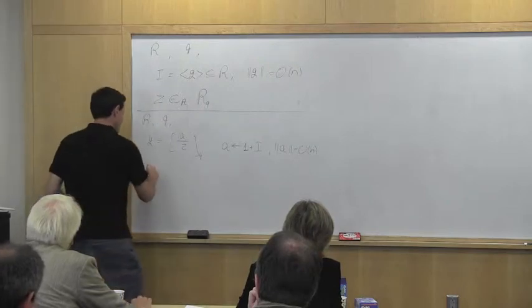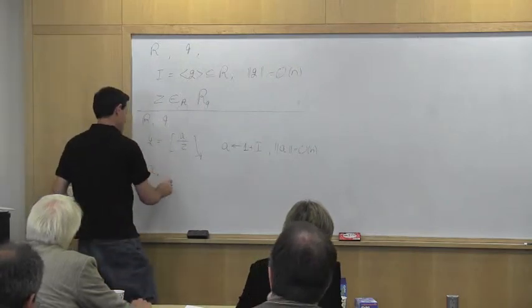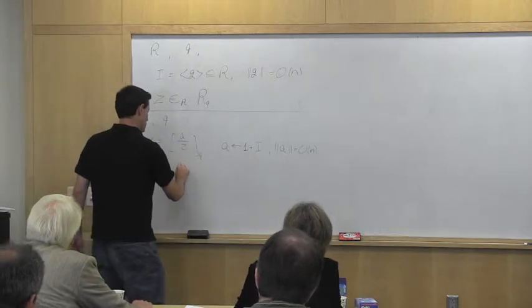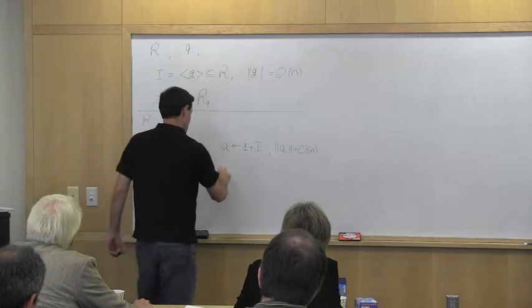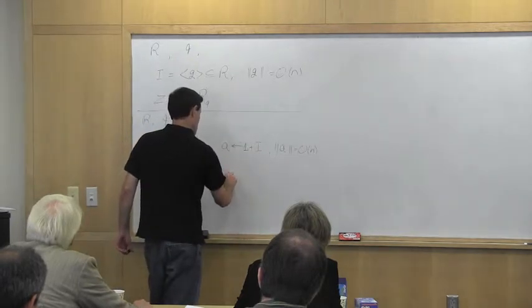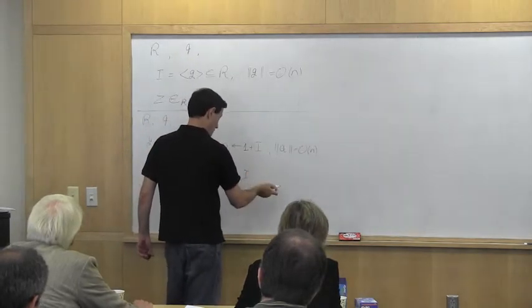And now we have x_i, which is of the form b_i over z over q, where b_i is a small element itself.